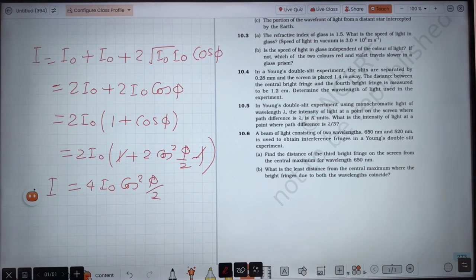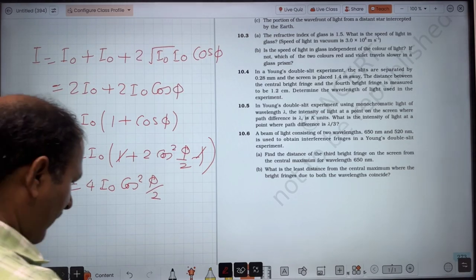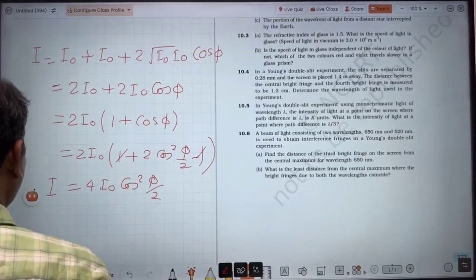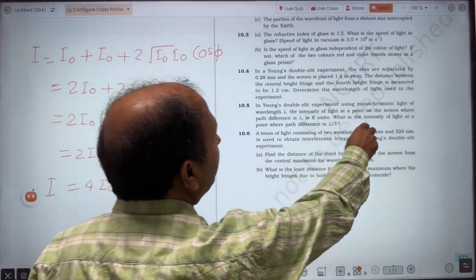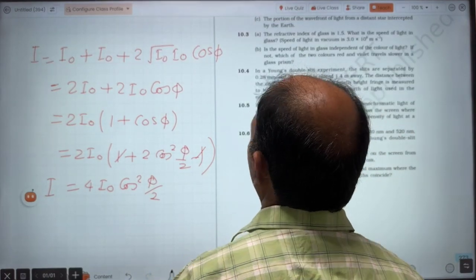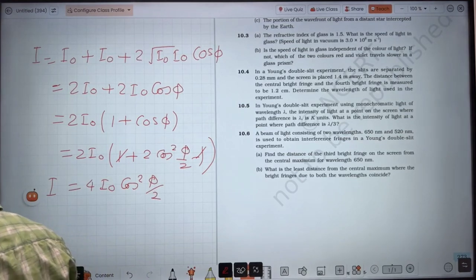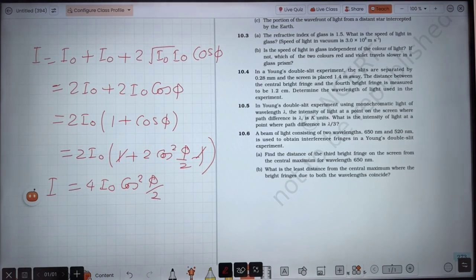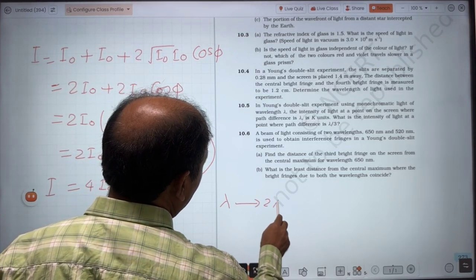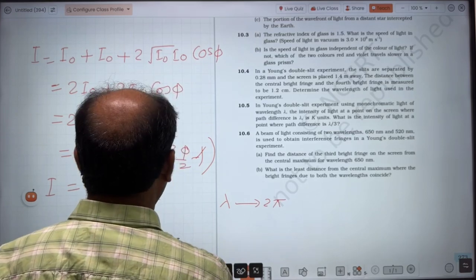And in our question, it says that when path difference is lambda, intensity is k unit. If you remember, lambda corresponds to 2 pi, right?